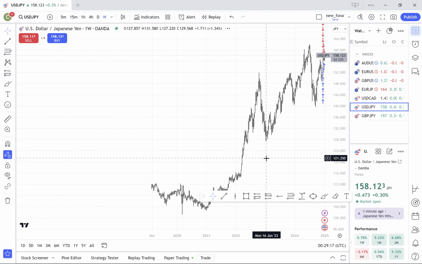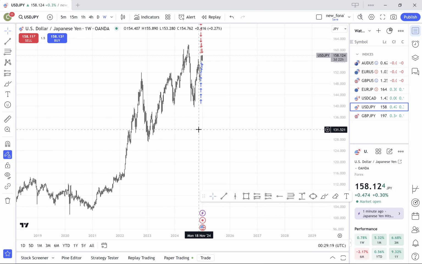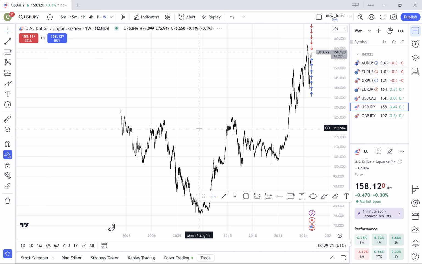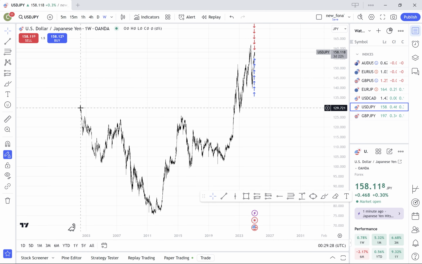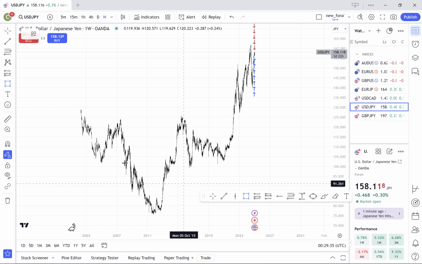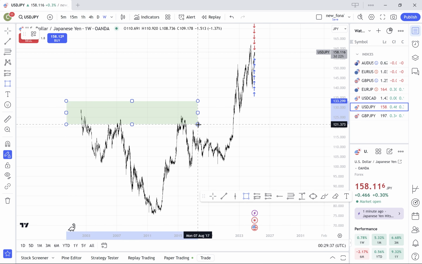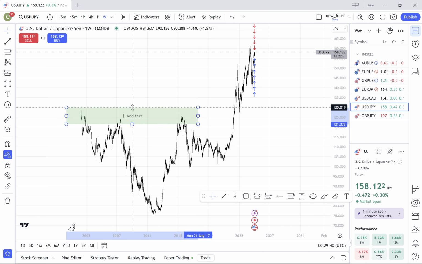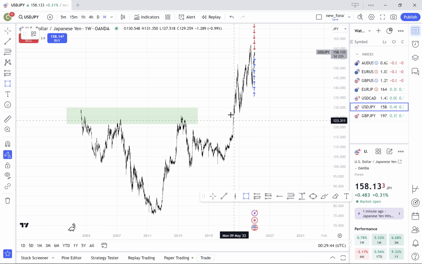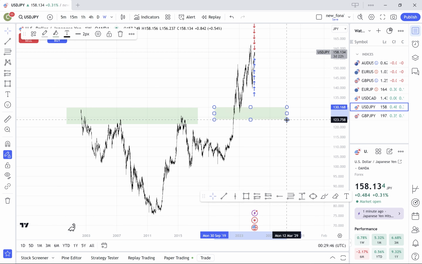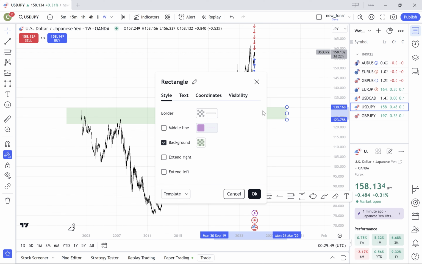Going into the USD JPY chart, the price is going up and down, but if you look at a lot of data from over here, 2002, there is this strong level. Let me just draw it real quick. It's pretty important. It's a strong resistance level, or a strong supply zone, and later on it turned into a demand zone.